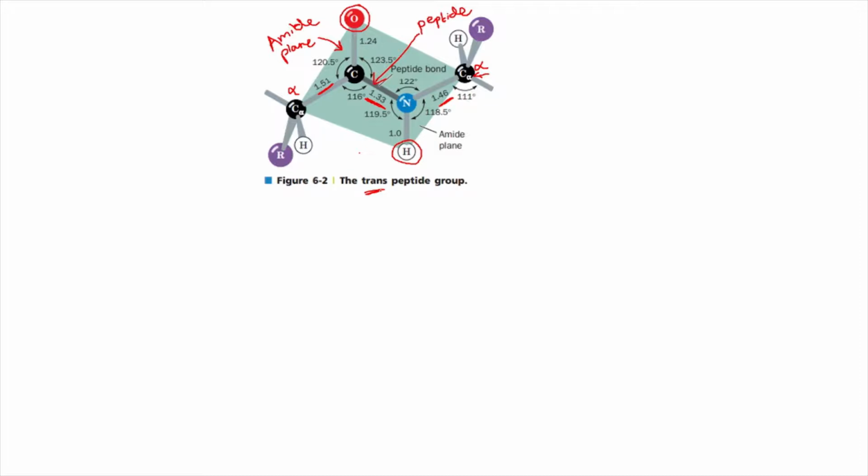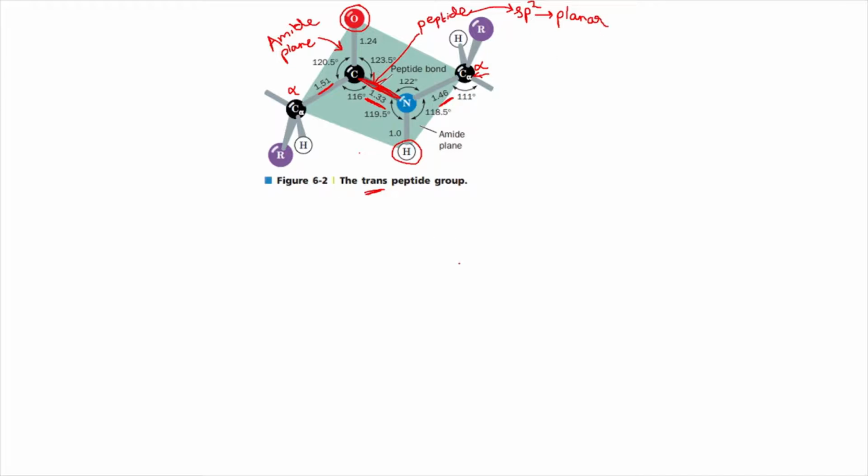Now I have already told you that the peptide bond, that is the carbon nitrogen bond, because of the presence of partial double bond character, has resonance. That means this bond is sp2 hybridized, and so it is a planar bond, and so this bond rests on the plane called the amide plane.